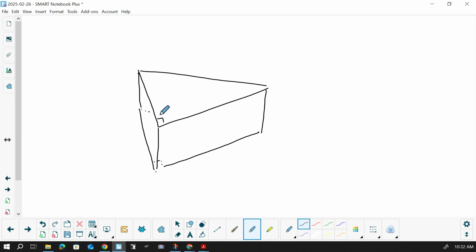We'll take the ceiling off so you can see down inside of it. Now imagine you were standing in this corner of the room. Here you are right here.